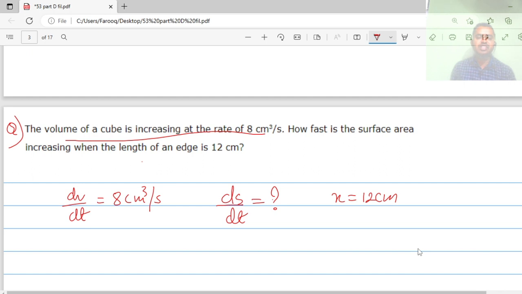We have to find the surface area of the cube.